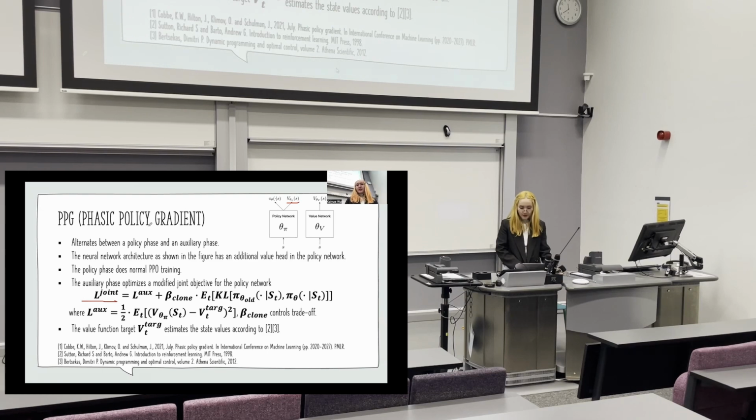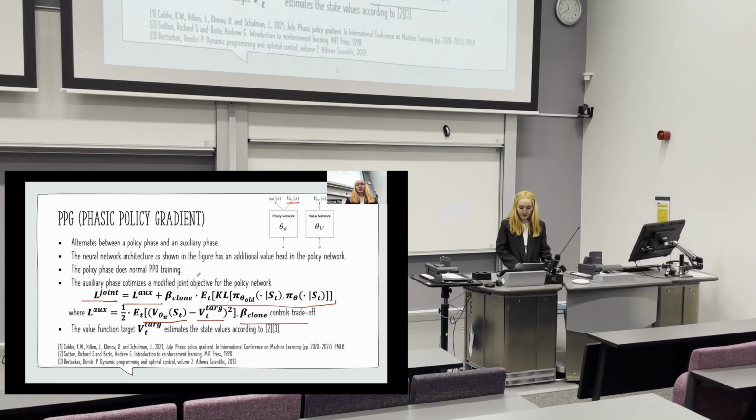Basically, in addition to a KL divergence here between the previous policy and the current policy, the joint loss has an auxiliary term, which is the distance between the value function approximated by the policy network and another estimated target state value function according to the methods introduced by reference 2 and 3.